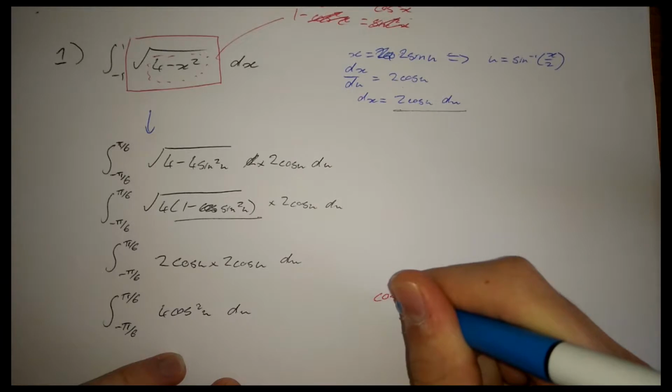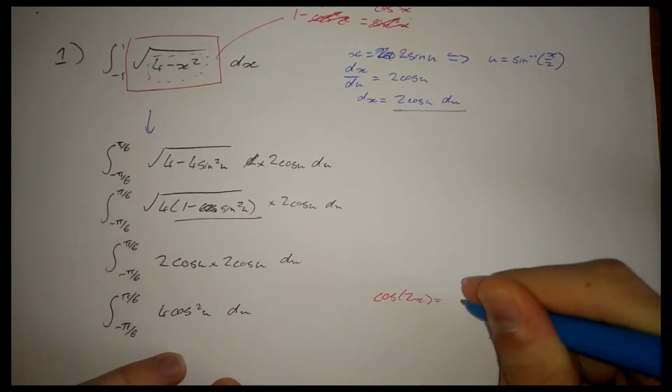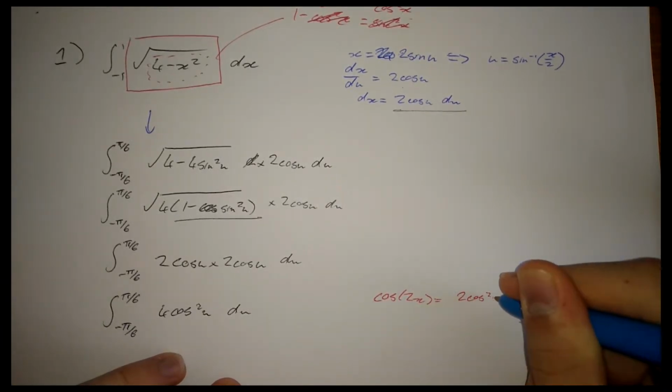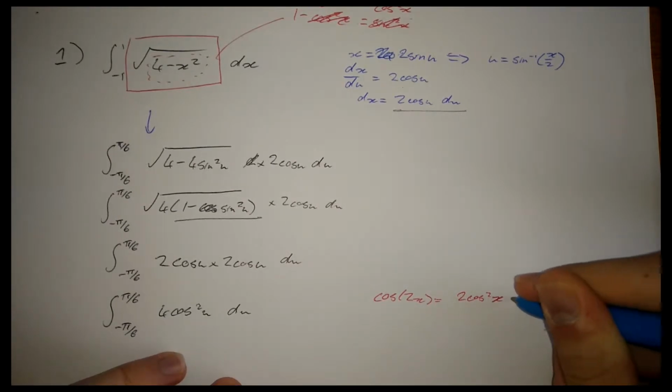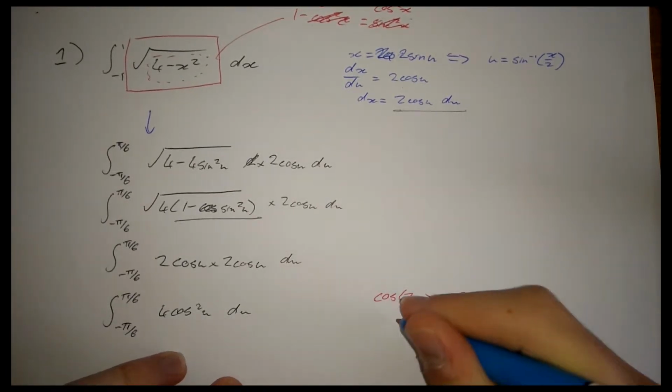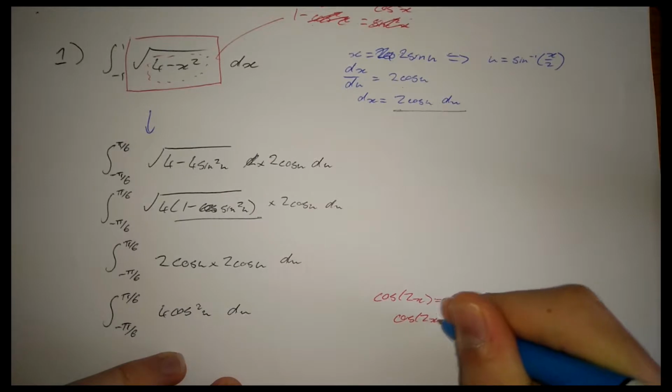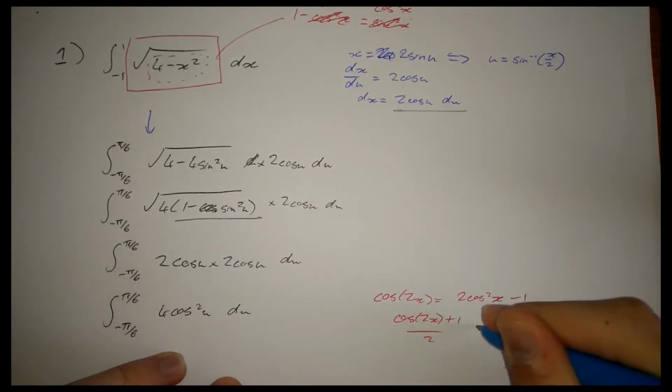Since cos 2x equals 2 cos squared x minus 1, therefore cos squared x equals (cos 2x plus 1) on 2.